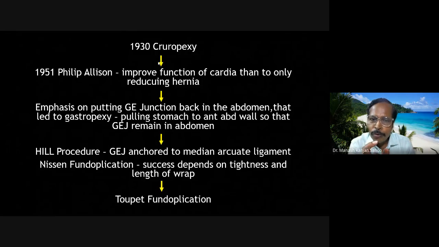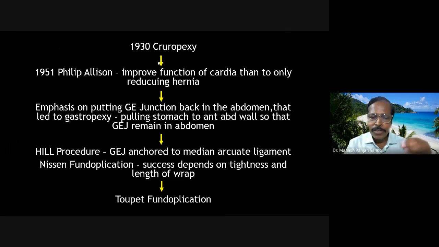What you need to do is improve the function of the cardia rather than only reduce the hernia. People then started thinking that it is not going to be solved just by reducing the contents to the abdomen and by cruropexy. You have to improve the function of the cardia. So the emphasis was put on the gastroesophageal junction back in the abdomen.